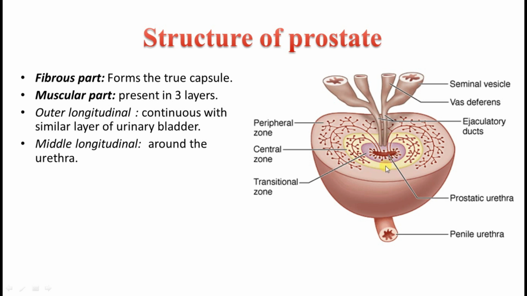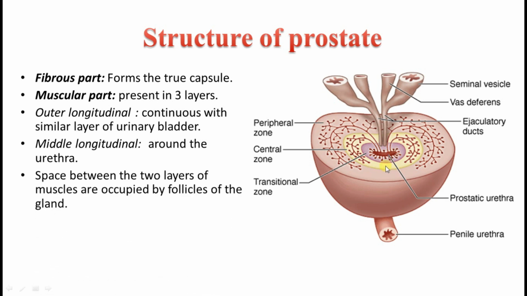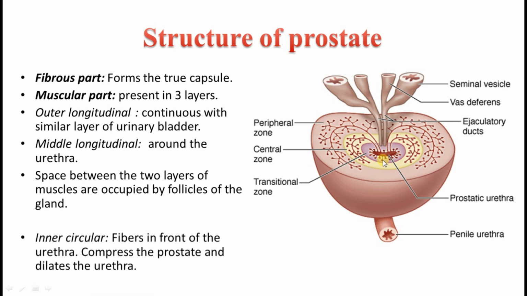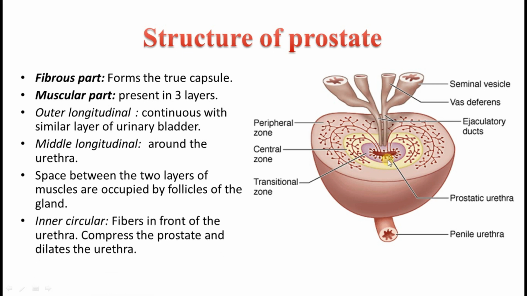There is also one more layer just in front of the urethra, a layer of muscle fibers, which are considered striated muscle. Now, between the outer layer and the middle layer, muscle fibers also radiate. They also radiate between the outer longitudinal layer and the inner layer.